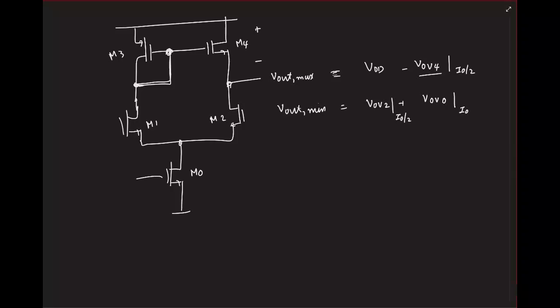You should also say what current it is biased at. Similarly, when you write gate to source voltage, source to gate voltage, you should also mention what is the current, right? Okay, so last thing.